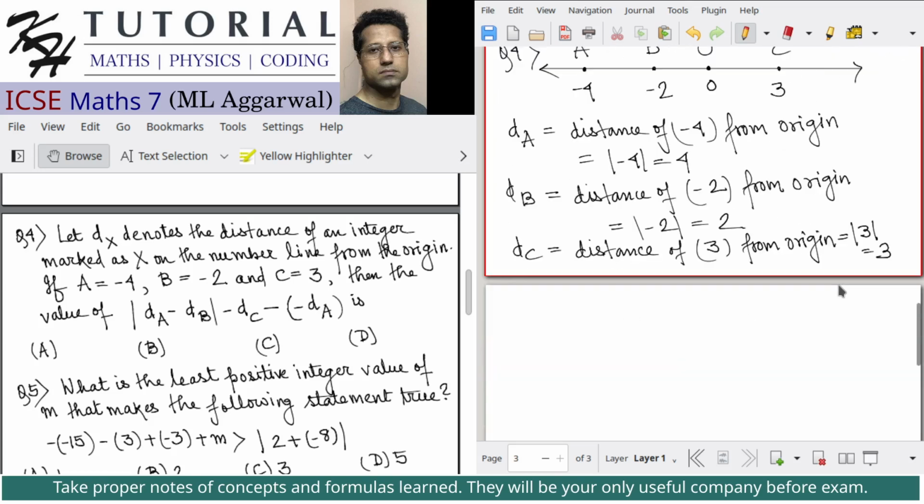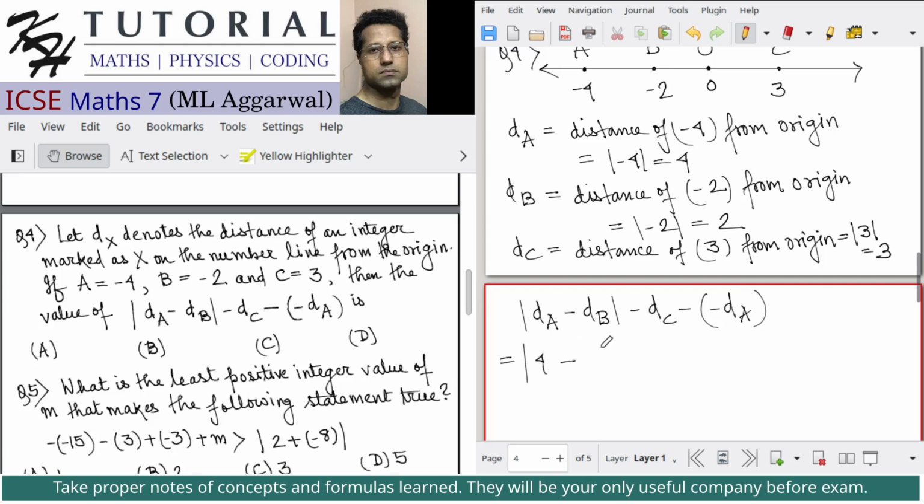So now we have to find the value of the given numerical expression. So now the absolute value of dA minus dB minus dC minus dA will be equal to, we just put the values of dA, dB and dC. dA was 4, minus dB was 2, minus dC is 3, minus dA is 4.